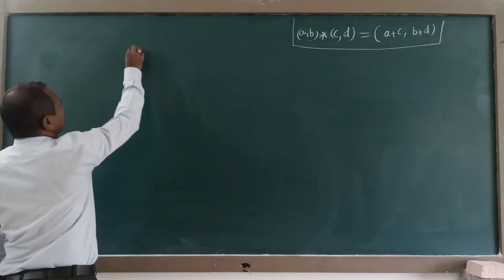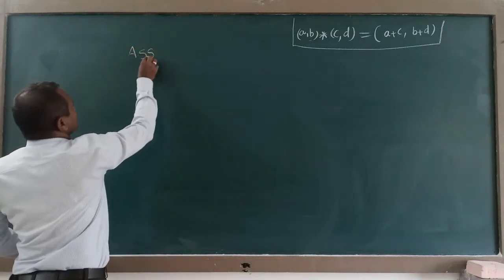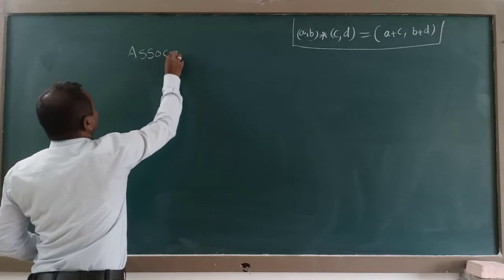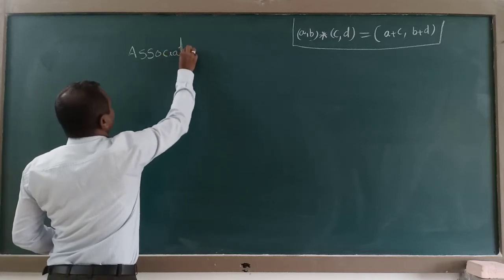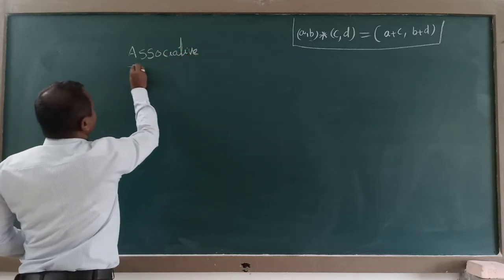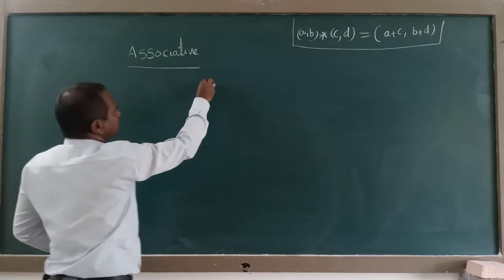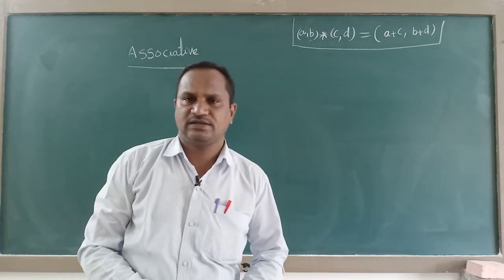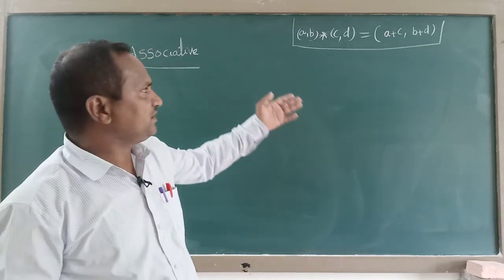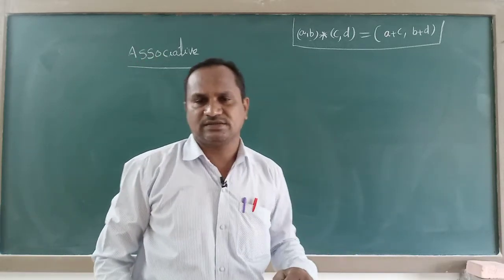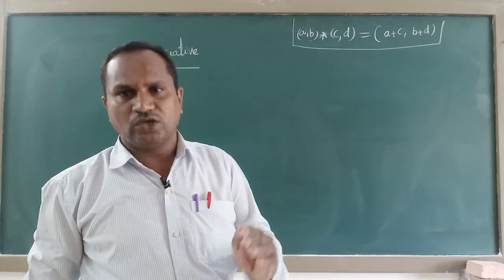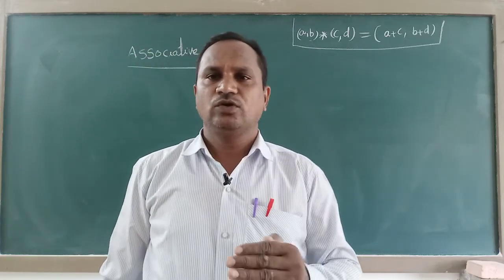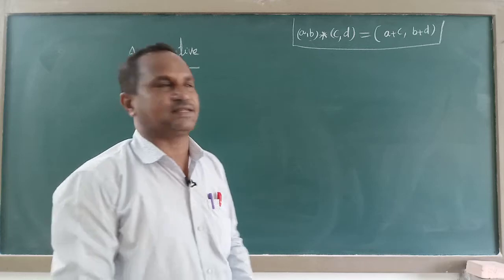Associative. For associative generally we need three numbers. But here, in place of numbers they gave ordered pairs. That's why, to give the proof of associative, we need three ordered pairs.